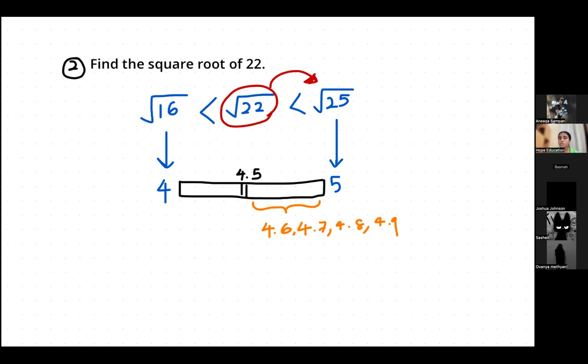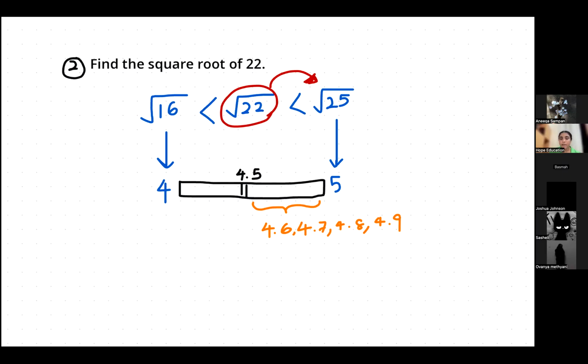Since 22 is closer to 25, the square root of 22 should be closer to 5. Is that clear to you? Yes. එහෙනම් අපි try කරලා බලමු එක එක numbers, right? We will try and see.